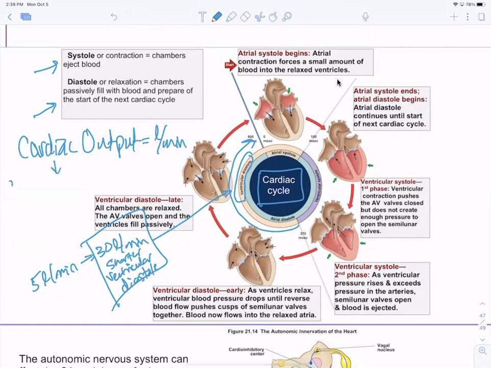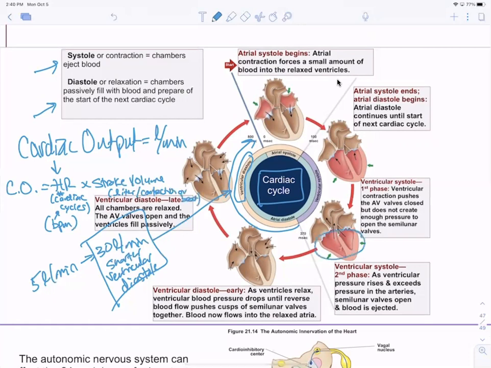And so what this actually is, I'm going to say cardiac output is equal to heart rate, right, which is the number of cardiac cycles, and we say beats per minute, times stroke volume, and that's usually in liters per contraction or beat.